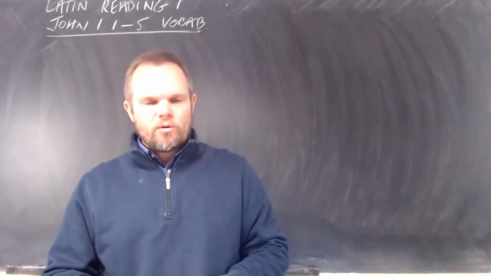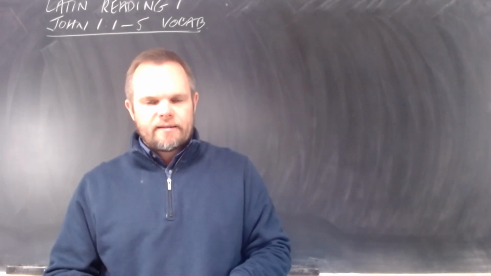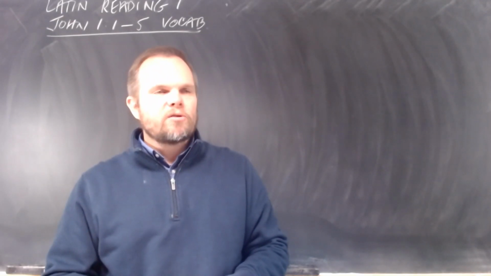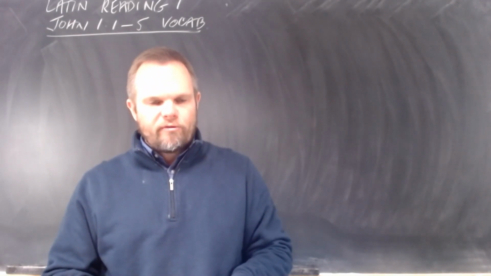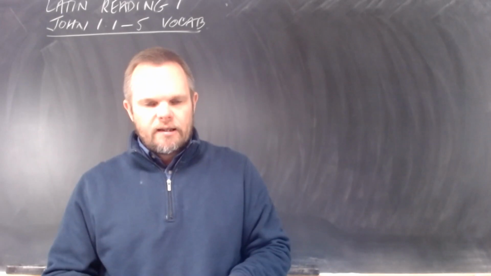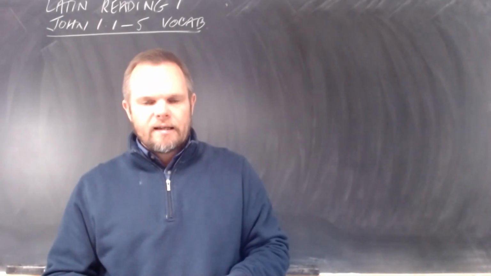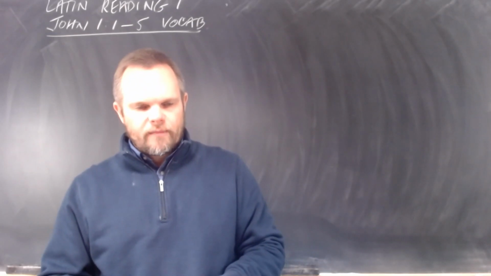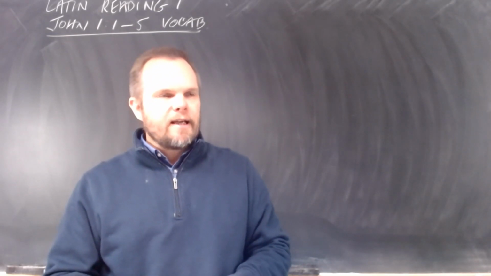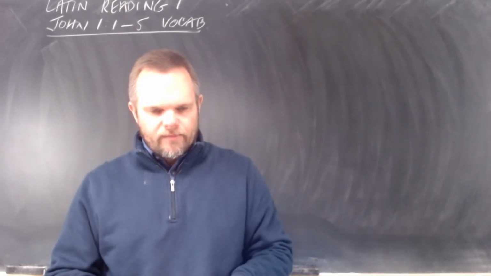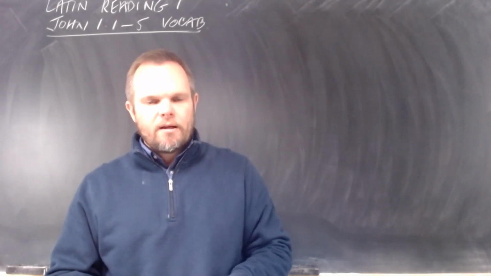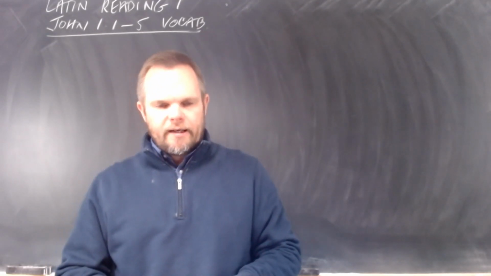Omnia per ipsum facta sunt, et sine ipso factum est nihil, quod factum est. In ipso vita erat, et vita erat lux hominum, et lux in tenebris lucet, et tenebrae eam non comprehenderunt.